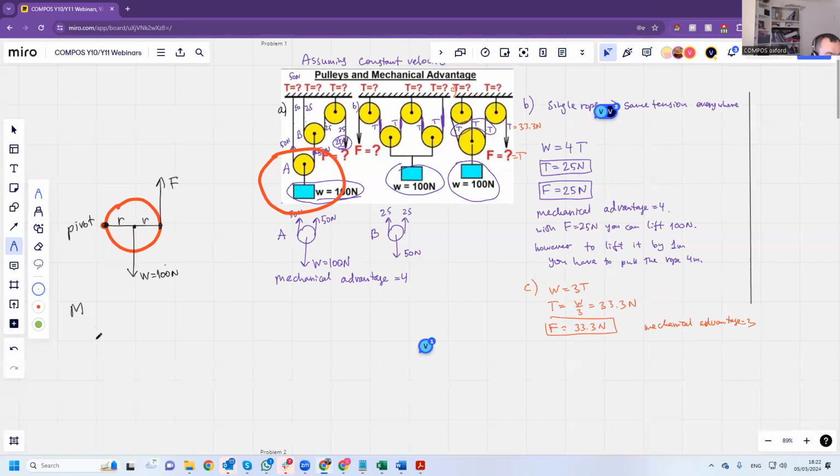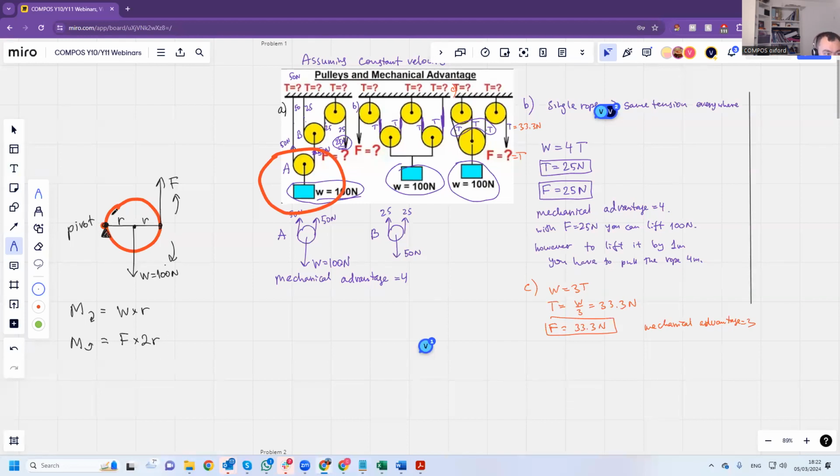So the clockwise moment is equal to the weight multiplied by R. And the anti-clockwise moment around the pivot, yes, you're trying to rotate around the pivot. So this force is pushing clockwise, and this force is pushing anti-clockwise. The anti-clockwise moment is force multiplied by 2R.